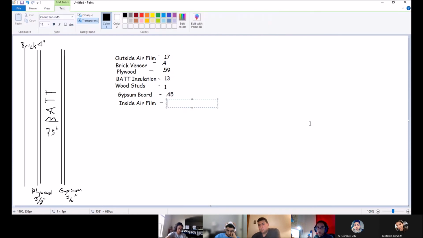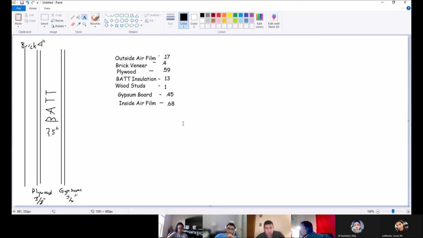And then your inside air film should always be, I think, wait, no, it shouldn't always be. Your inside air film for this should be 0.68. So these are all R values, right?